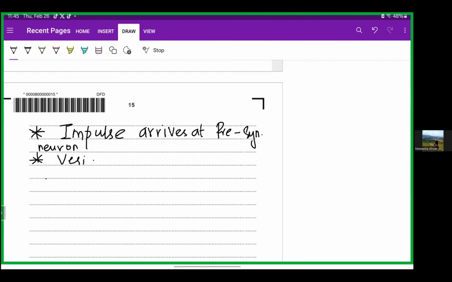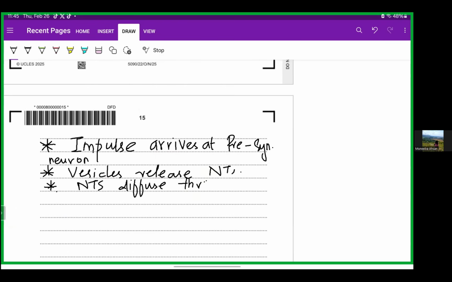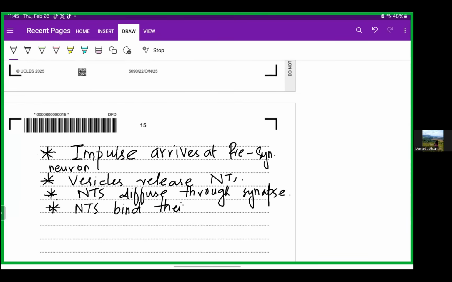Vesicles release the neurotransmitters, and then these neurotransmitters diffuse through the synapse, and after diffusing through the synapse, these neurotransmitters bind to their receptors on the postsynaptic neuron.